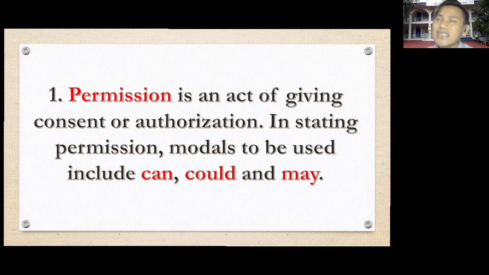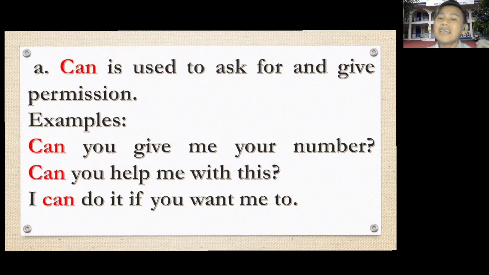So let us now go deeper as to how we're going to use the following modals under permission. Can is used whenever we ask for or give permission to someone.